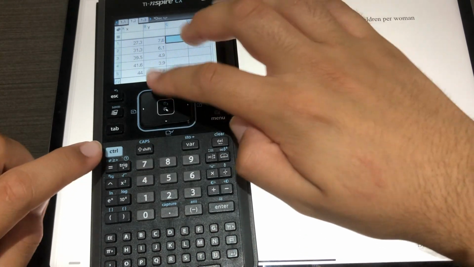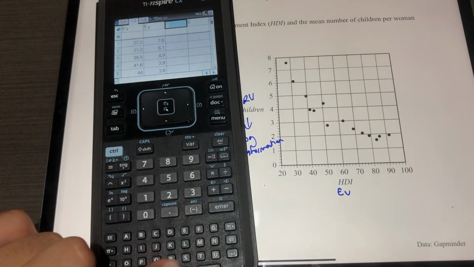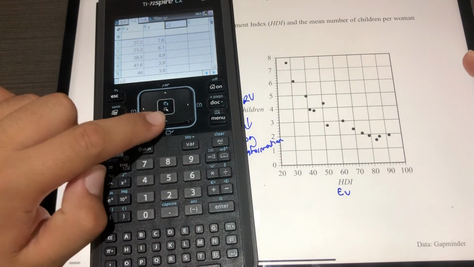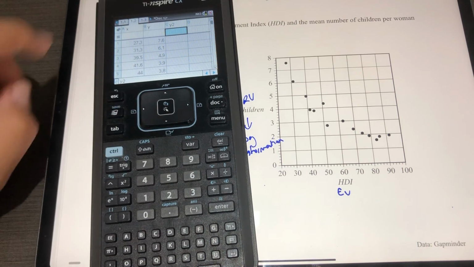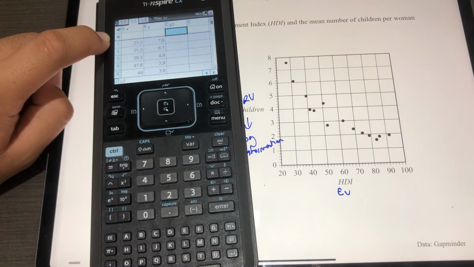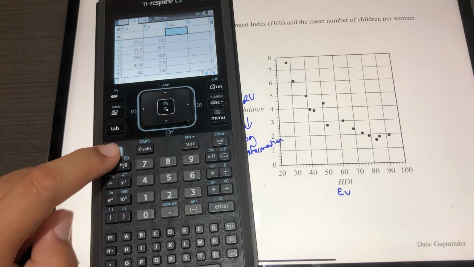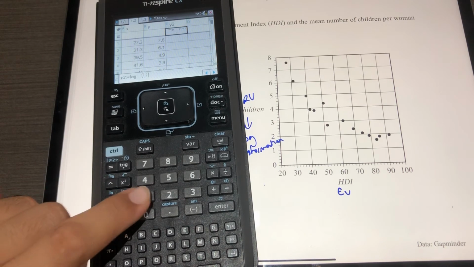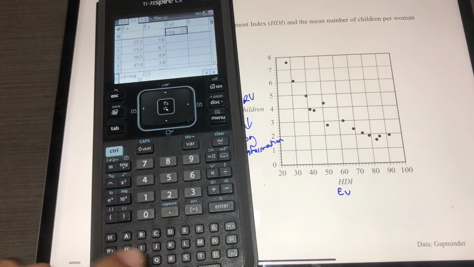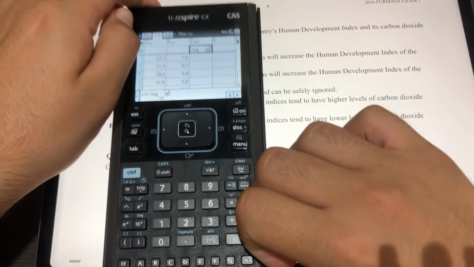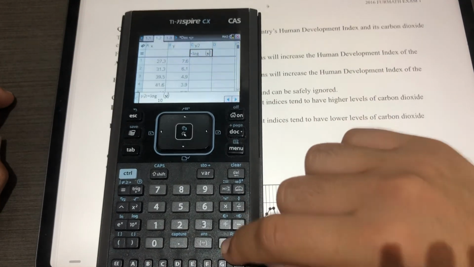So I want to go back, Control 7 to go all the way to the top. I want to call this Y2, and in this row where there's an equal button on the side, you want to write in log 10 of y. And see how y is bold there? That means it's defined. So I want to go ahead and press enter here.